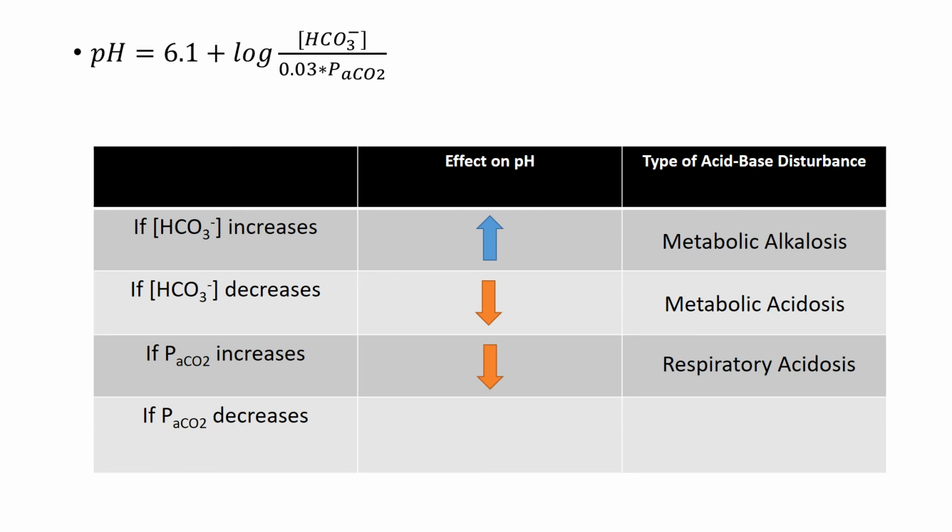Finally, if the PaCO2 decreases, the denominator decreases, the total fraction increases, the log increases, and the pH increases. Thus, the effect on pH is to increase, and this is an alkalotic process through respiration, or respiratory alkalosis.